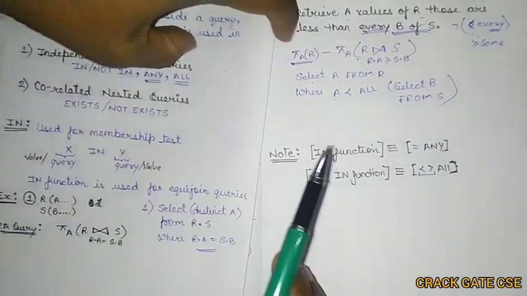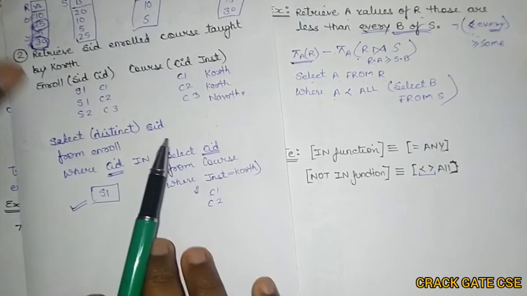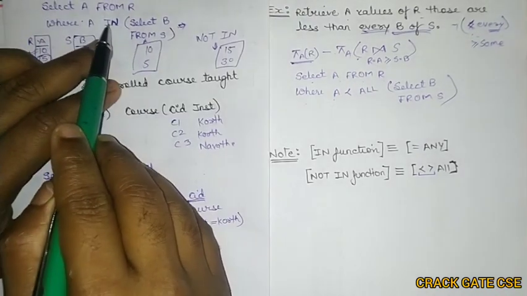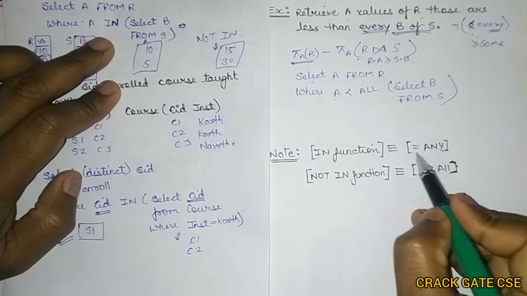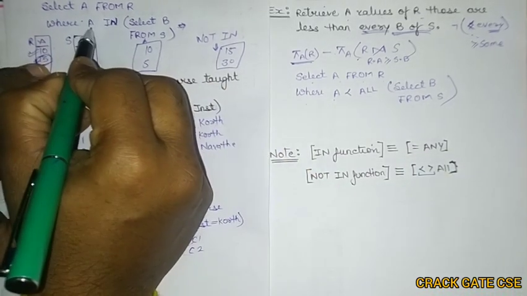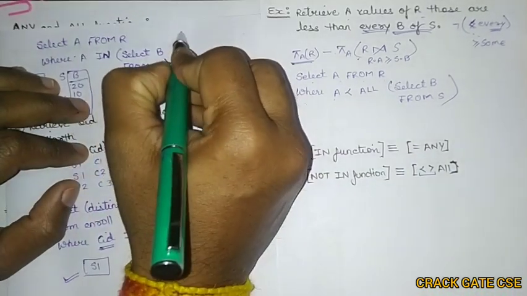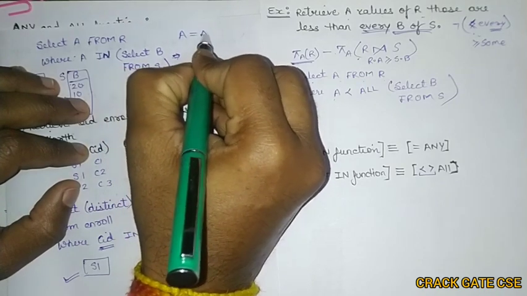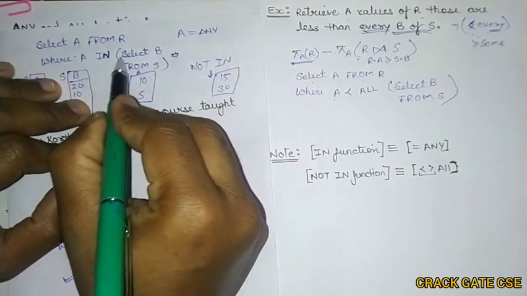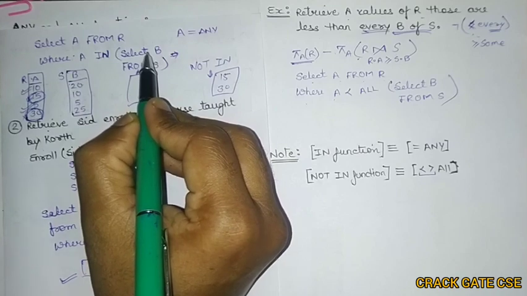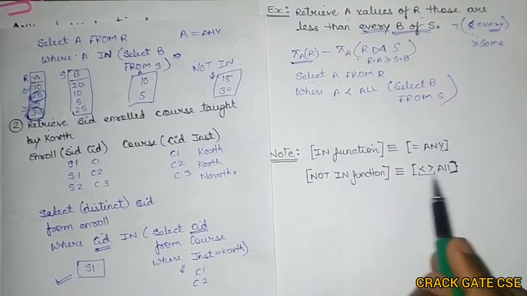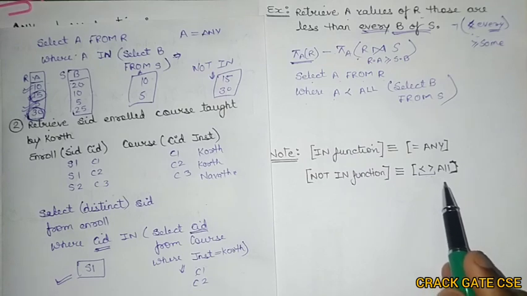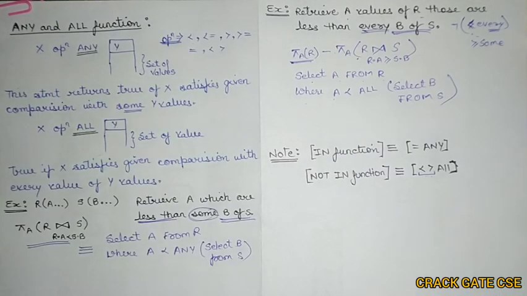So here I used IN. Instead of IN, I can use equal to ANY. That means instead of writing IN, I can write a equal to ANY in this particular query, and it will work the same way. Similarly, for NOT IN, I can use this particular function, and it will give you the same output.